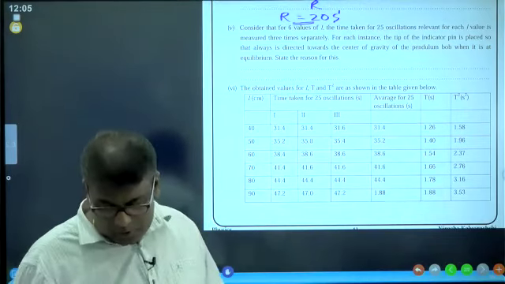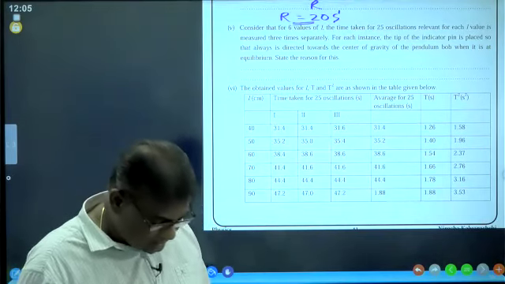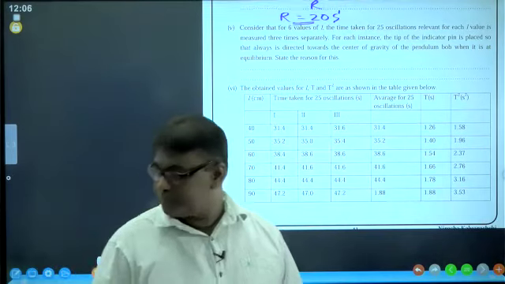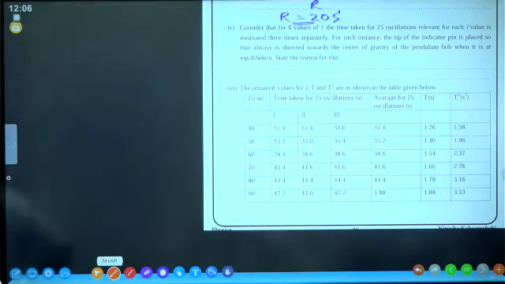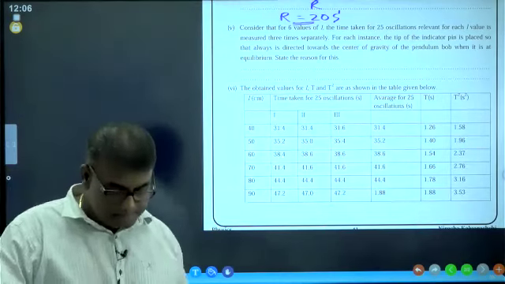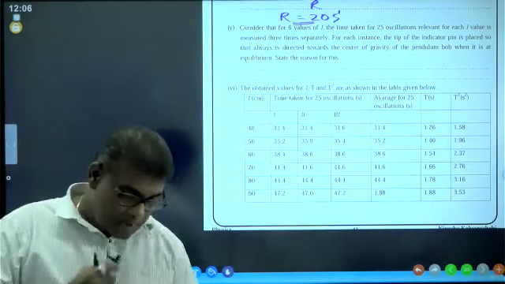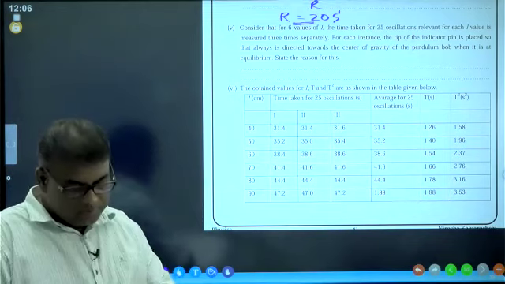Okay, write down: to take exact time, as the pendulum has the highest velocity at the center of oscillation.